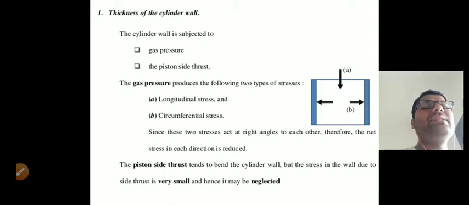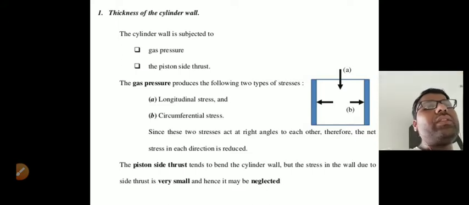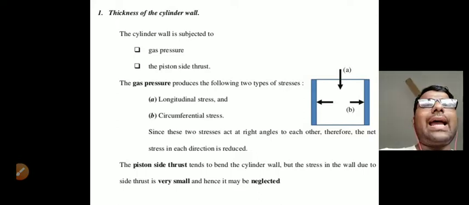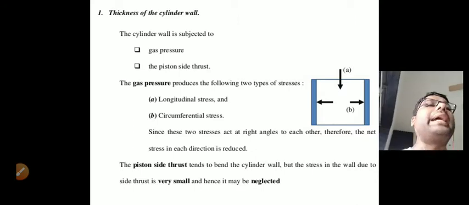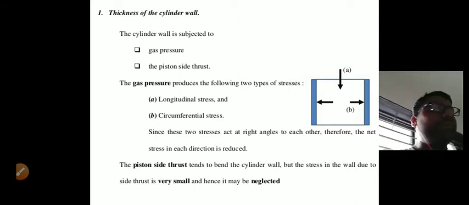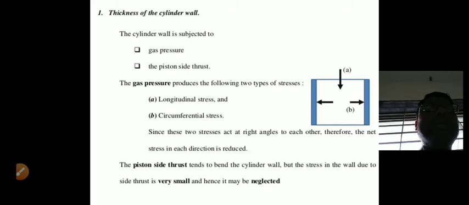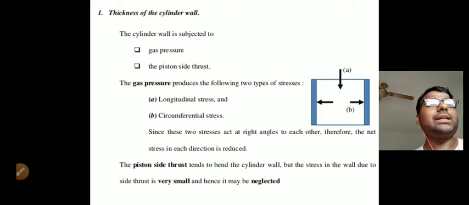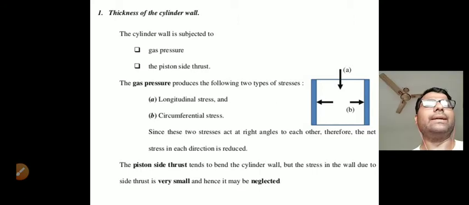Now, the thickness of the cylinder wall. How can we find the thickness of the cylinder wall? It is due to the gas pressure, or the maximum pressure generated due to the flue gases, and the piston side thrust, right? The first point, the gas pressure. Why is the gas pressure exerted on the cylinder?